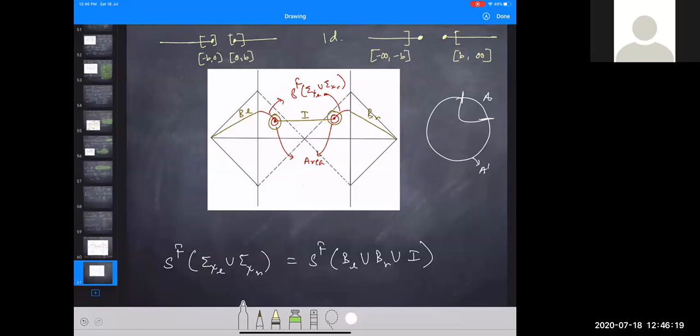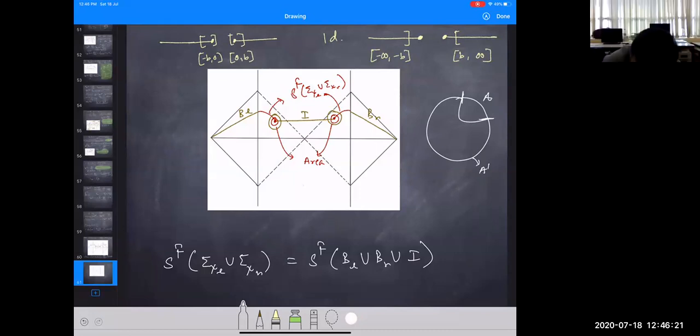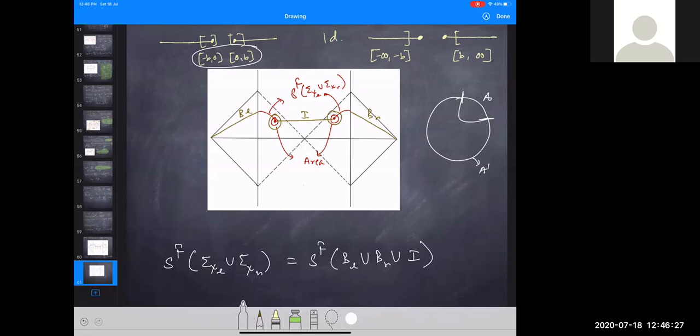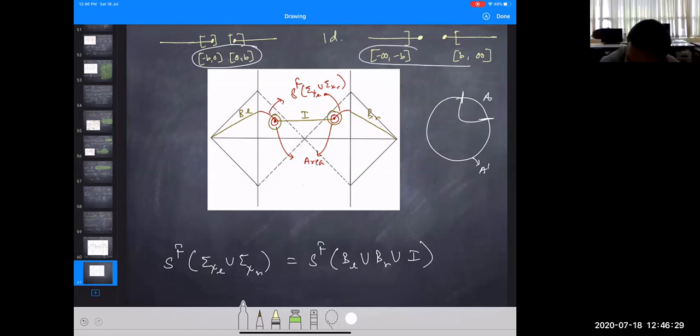So the quantum extremal surface for this system holographically came out to be some extremal A, and by complementarity, the quantum extremal surface of this system is also the same surface.